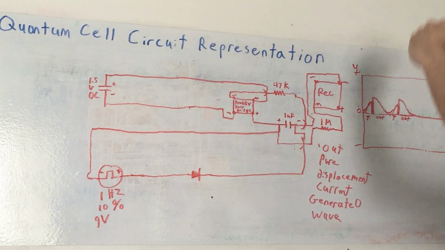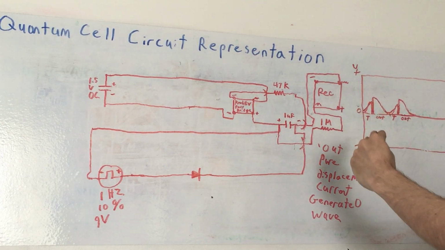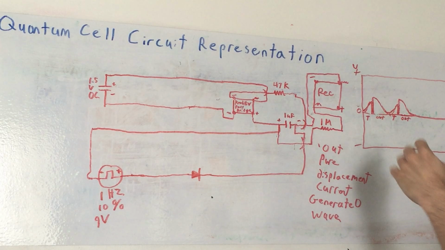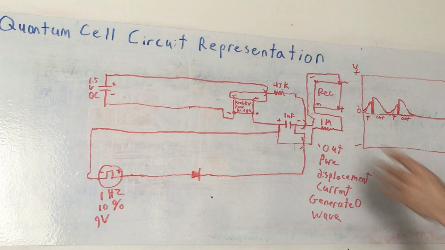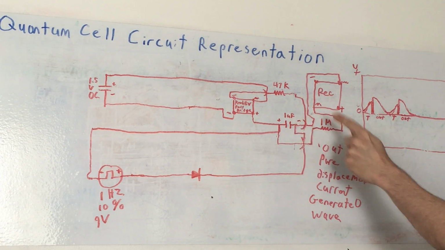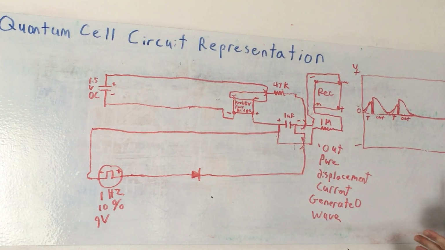So of course nature wants to balance that potential difference, and it's that balance that gives you the displacement current for a moment, giving you these waveforms. So yeah, obviously I'm putting 1 uF, 1 megaohm. We'd have to experiment with the circuit and the values.